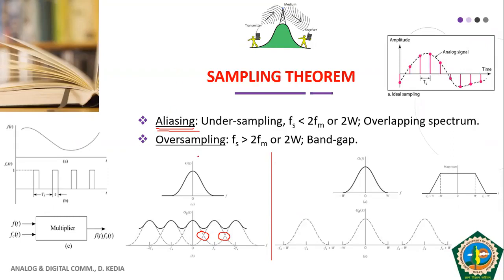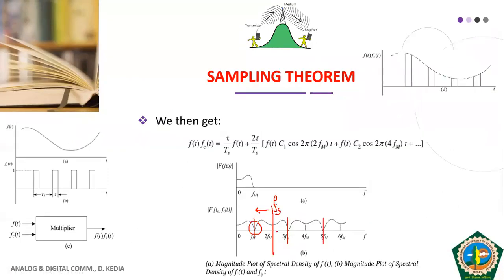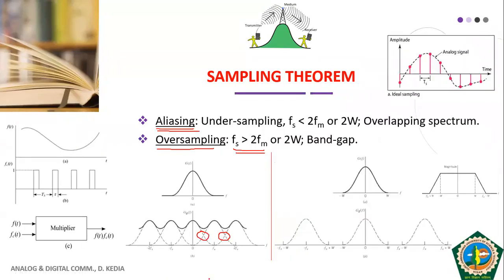Then the next case is oversampling. Oversampling means my sampling frequency is greater than the Nyquist frequency. In that case, my sampling frequency will shift towards the right-hand side, which means there will be some gap here. So if this is the spectrum of the original signal and this is my sampling frequency, greater than twice of fm, it has shifted towards the right side.